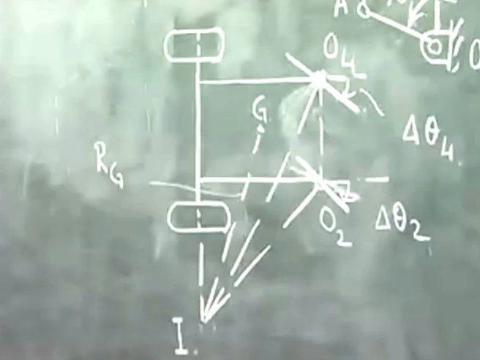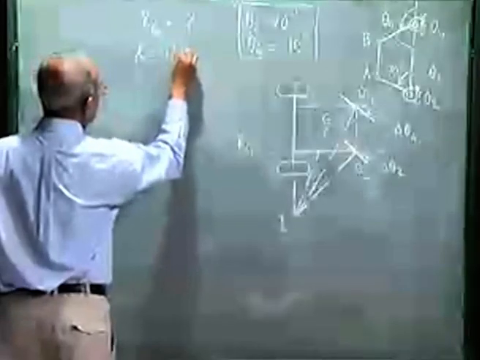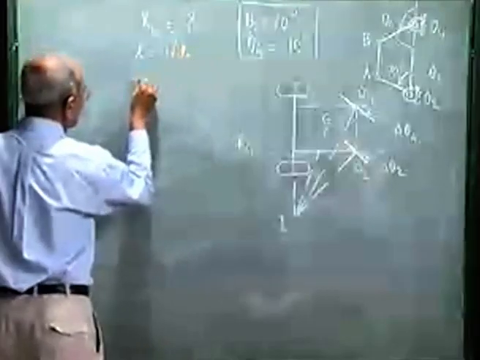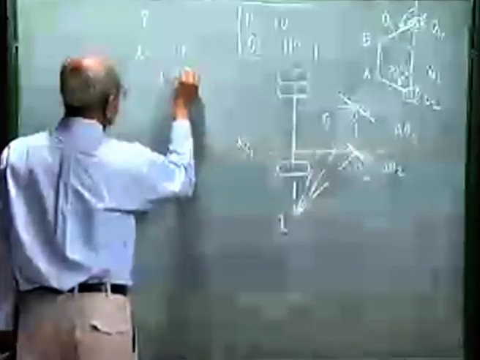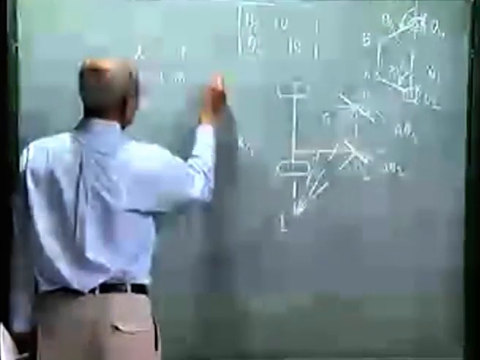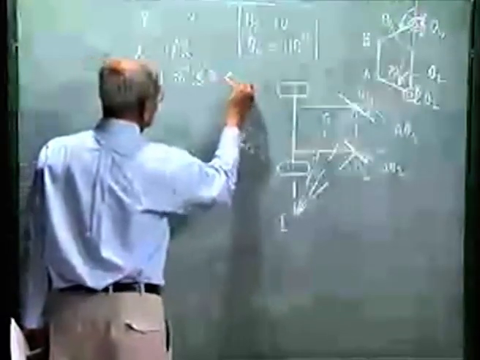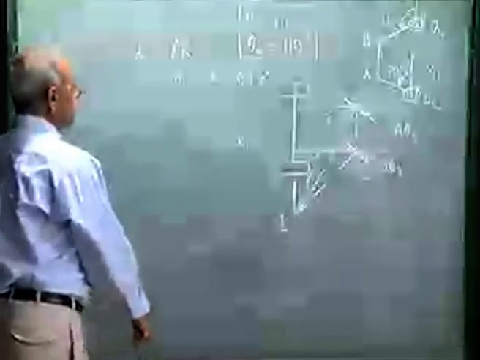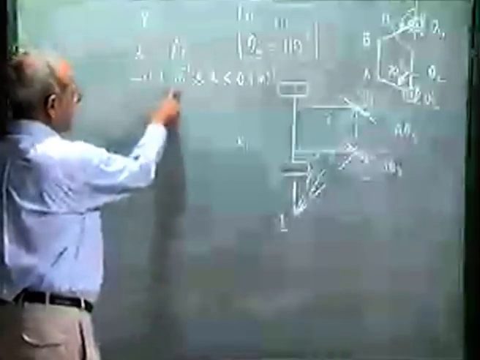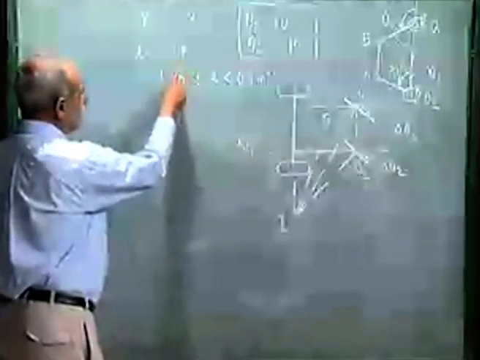We see that the curvature, which is defined as 1 upon r, goes from minus 0.1 meter inverse to 0.1 meter inverse, right? 10 meter radius of curvature means 0.1 meter inverse curvature.